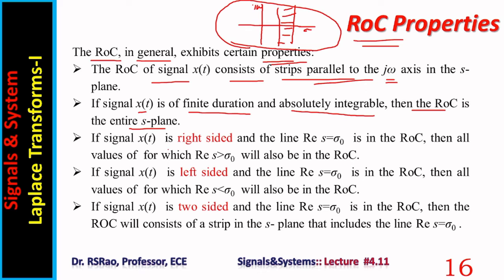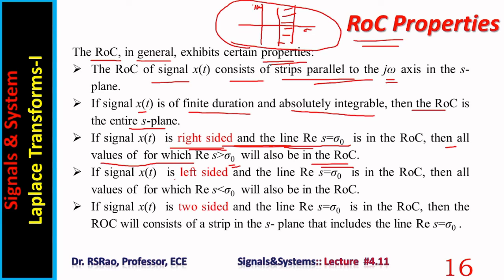If signal x of t is right-sided, that is, it exists only for positive values of time, then the line real s is 0 may be in the ROC. If signal x of t is right-sided and the line real s equal to sigma naught is in the ROC, then all the values for which real s is more than sigma naught will also be in the ROC.